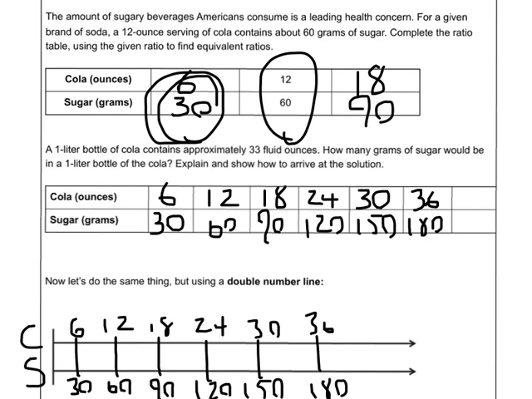Now, we're trying to find where 33 ounces of cola is, and what that means as far as our grams of sugar. Now I see 33 right there. 33 is halfway between 30 and 36.